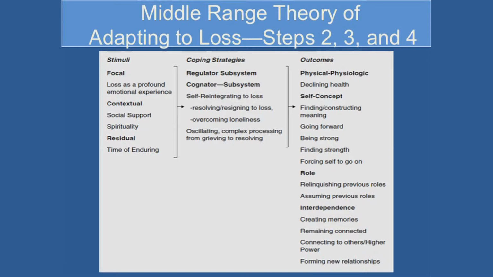Self-concept area, finding and constructing meaning, going forward, being strong, finding strength, forcing self to go on, and in role, relinquishing previous roles, assuming previous roles, interdependence, creating memories, remaining connected, connecting to others and a higher power, and forming new relationships.